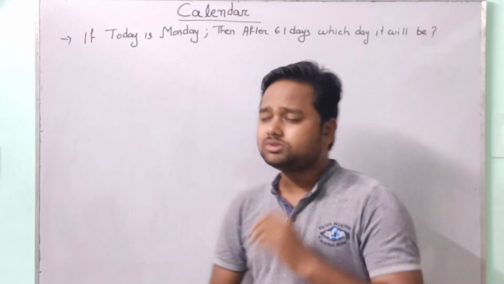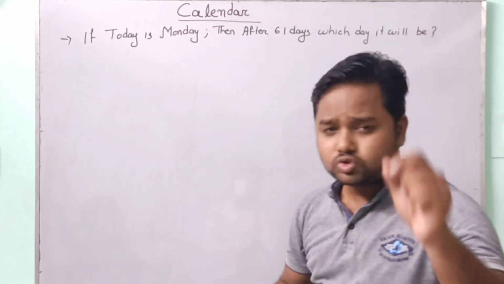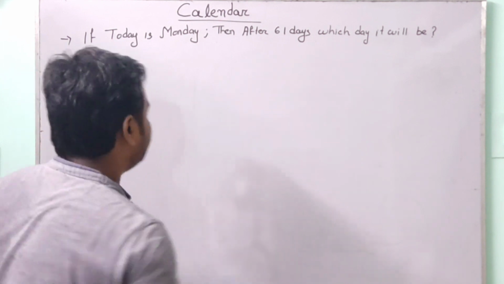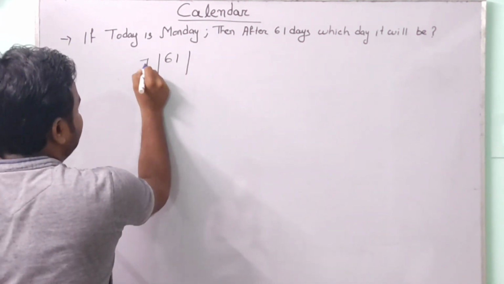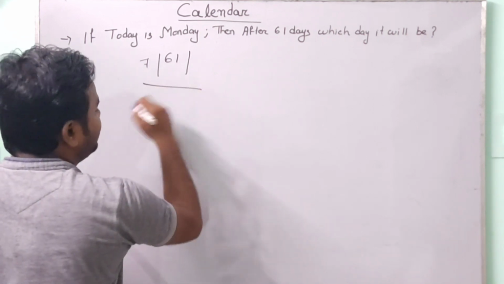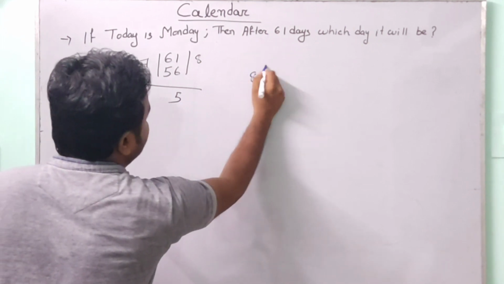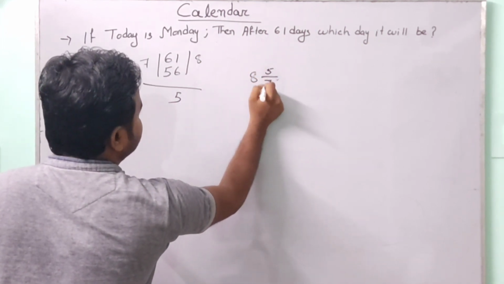So here the question is, after 61 days, which day will it be? My aim is to divide 61 by 7. If I divide 61 by 7, my answer will be 8 whole 5 by 7.